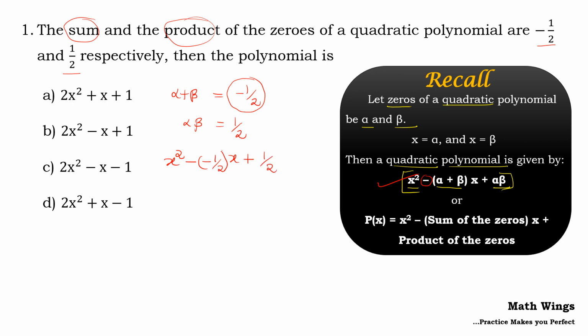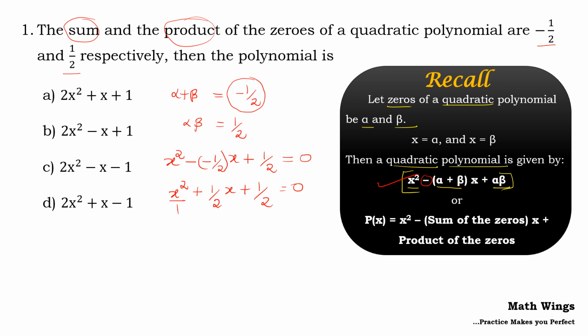And since they have said that these are the zeros of the polynomial, we can equate the polynomial to 0. Therefore, this becomes x squared minus into minus, plus half x plus half, that is equal to 0.